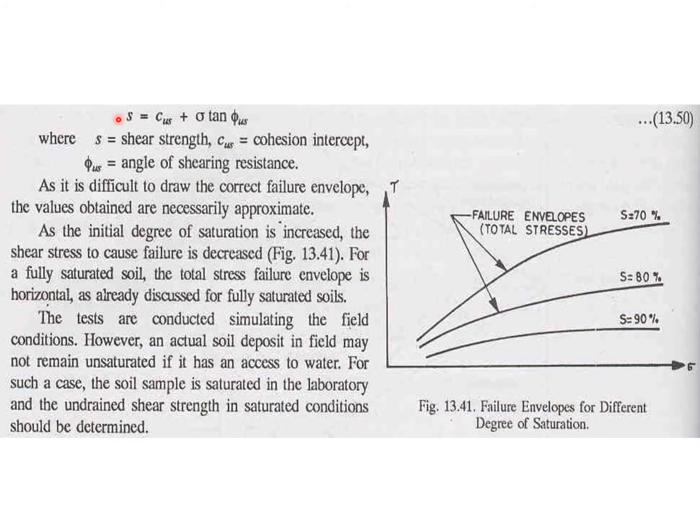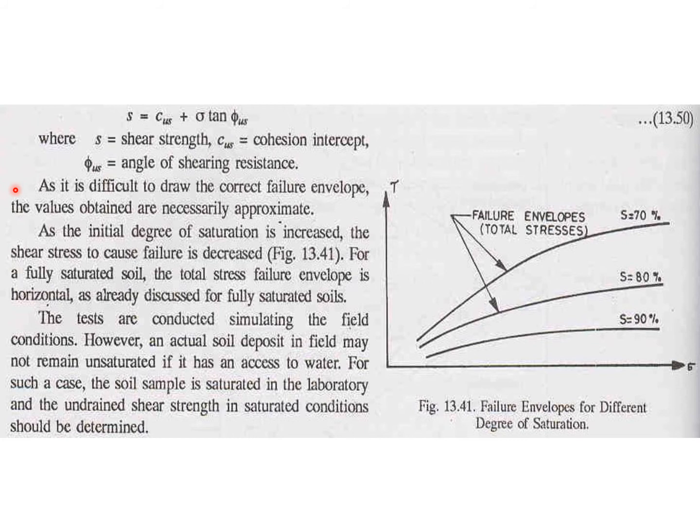Okay, the shear strength, that is C sub U plus sigma tangent U sub S. So S is the shear strength, C is the cohesion intercept, and phi is the angle of shearing resistance.